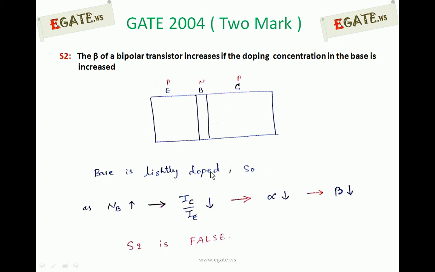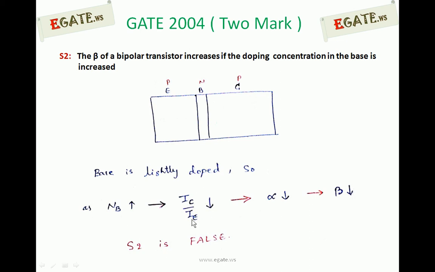We know that the base is lightly doped. The base doping concentration we indicate as NB, where N is used for carrier concentration and B implies base. If base doping concentration increases, the number of recombinations in the base increases, so the effective number of holes reaching from emitter to collector reduces. So IC by IE reduces.